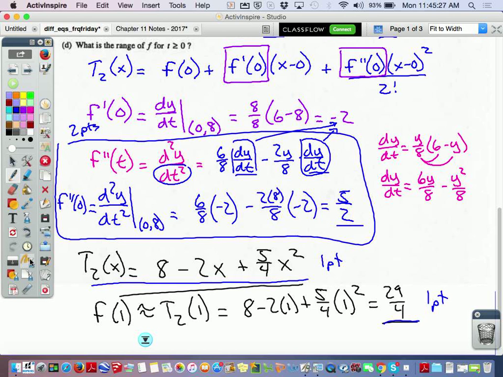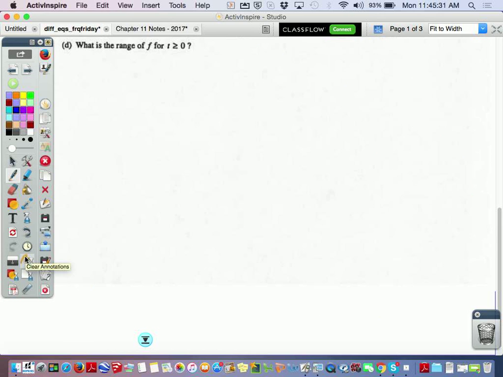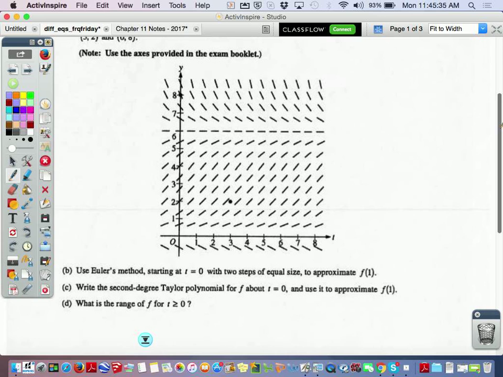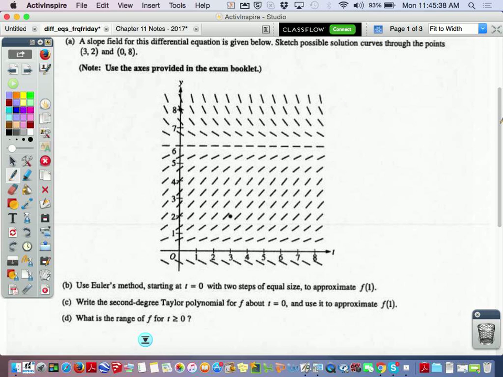All right, finally, on to the last question. The last question seems like it comes out of nowhere. It seems to have nothing to do with this problem at all. It says, what is the range of f for t greater than or equal to 0? So, first of all, range.